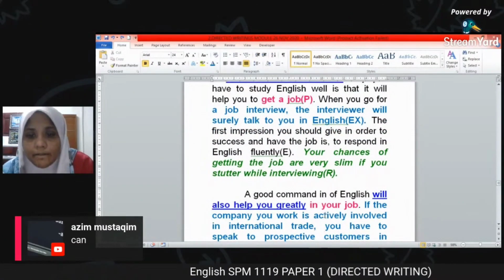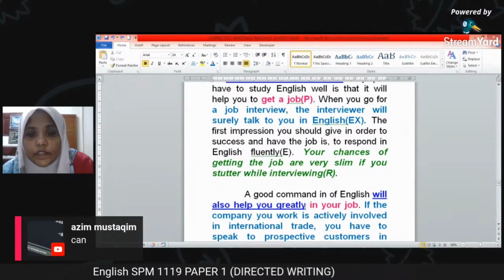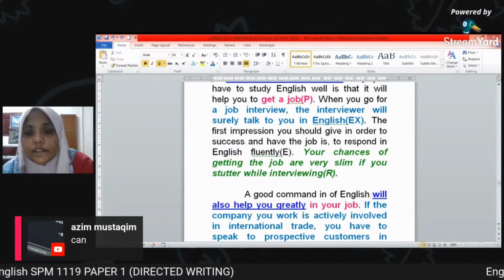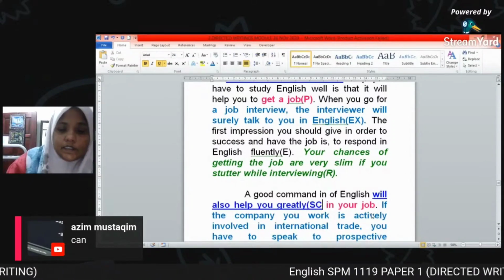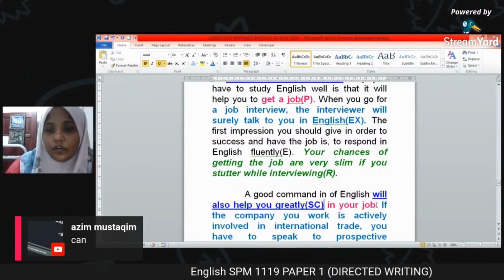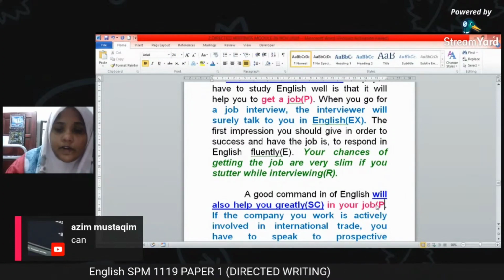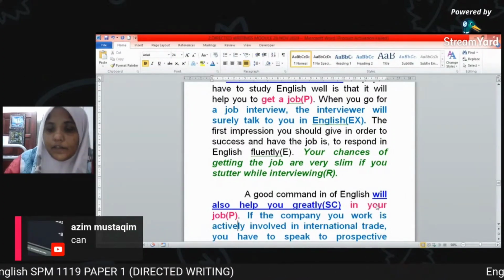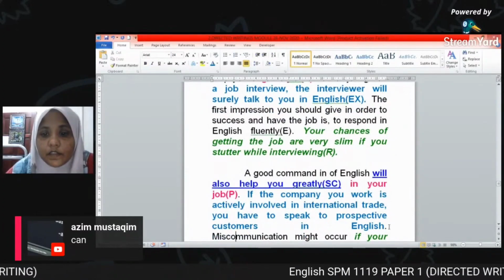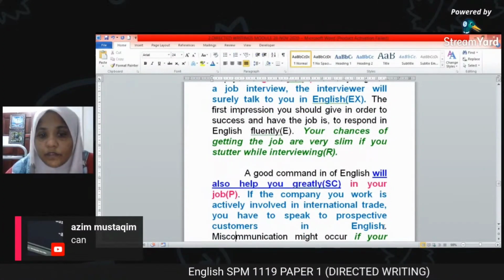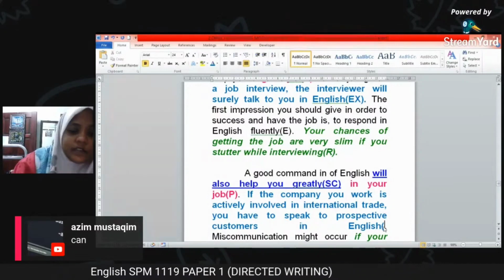All right, done. The same goes for the third paragraph, sequence connector, dark blue, SC. In your job, the point: if the company you work for is actively involved in international trade, you have to speak to prospective customers in English.